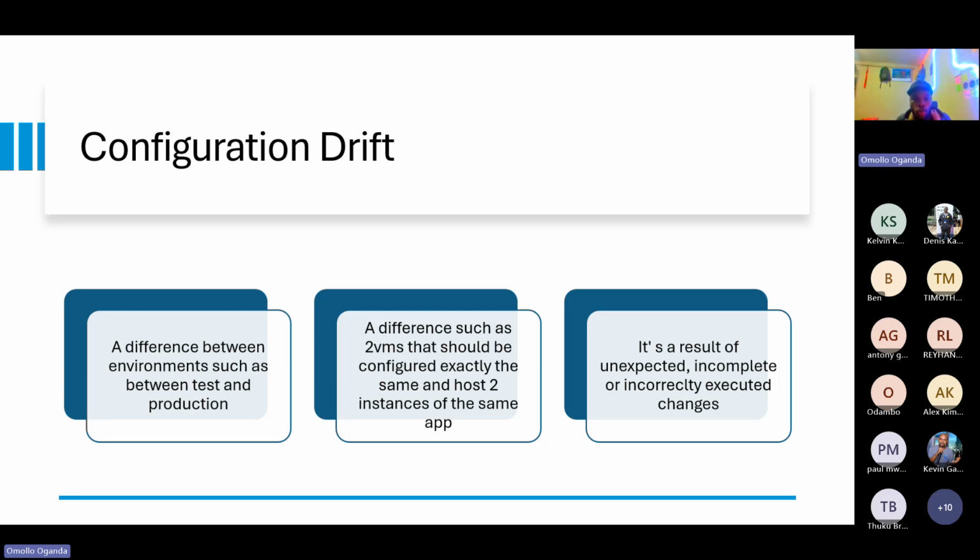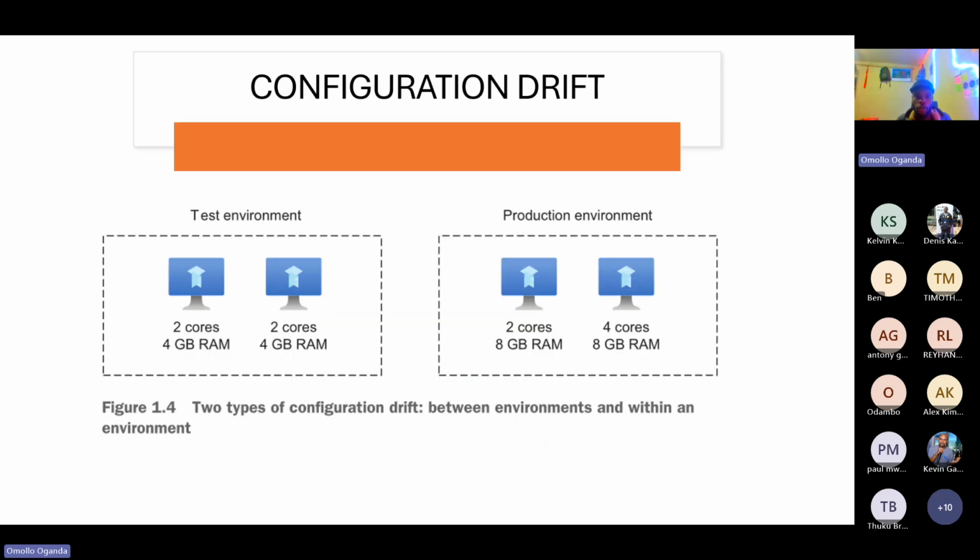Now, under what scenarios or situations will we be having such things like configuration drift? When we manually manage our infrastructure by going to the portal or using the Azure CLI or using PowerShell.